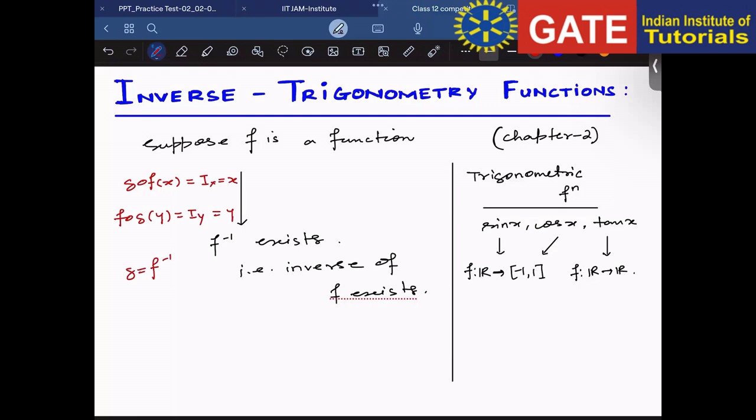Then when we did a problem, I told you that if you are not able to verify this, go to another method. I had written it in a box: f is bijective.